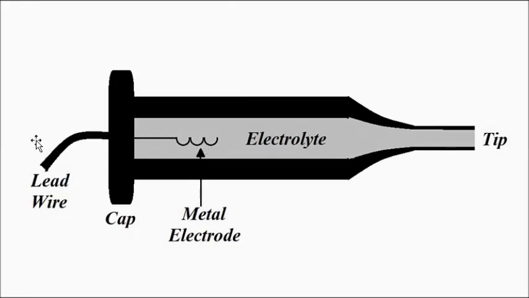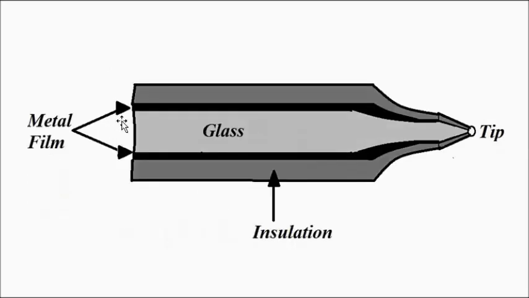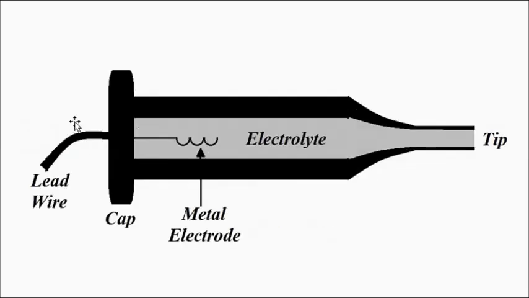Another important thing: here also there is a lead wire, which I forgot to draw here. The lead wire is given to the measurement system, so the lead wire is important. Here the electrode is within the electrolyte, and this is used for the measurement of biopotential. And this is the insulating layer with the cap here.